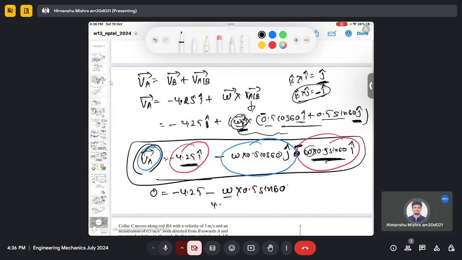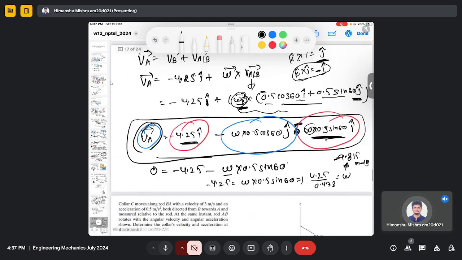So 4.25 equals omega 0.5 sin 60. So the omega you will get is 9.815 rad per second, in the negative sense.